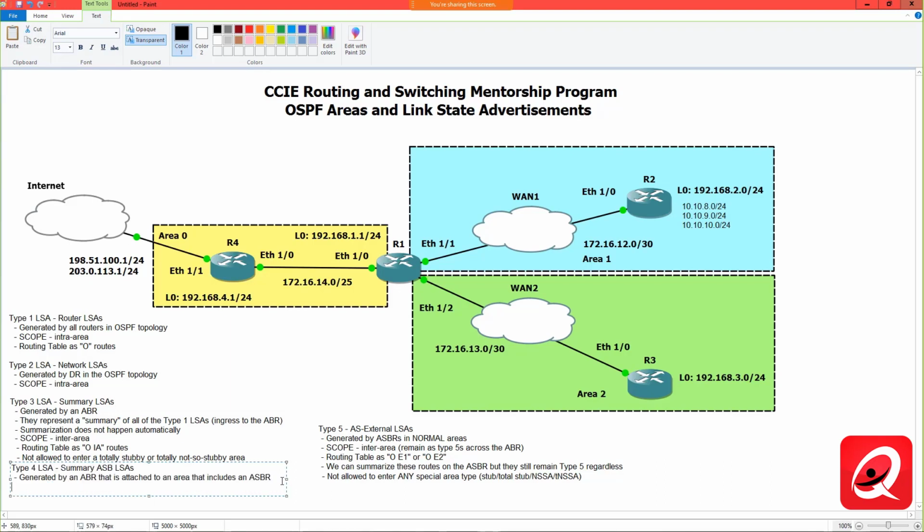And these are advertised out of the area that includes the ASBR, which means that in this case, area 0 has an ASBR, right? And that means that my type 4 LSAs are going to be sent into area 1 and into area 2.